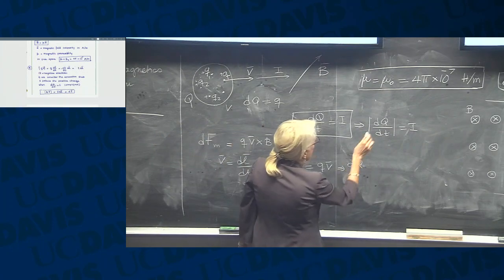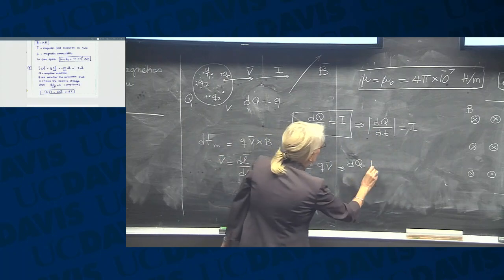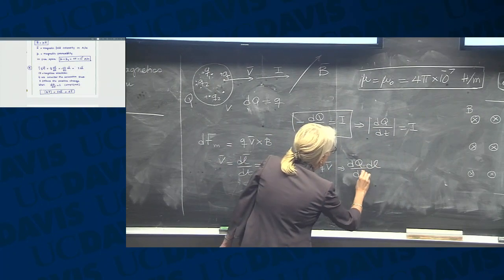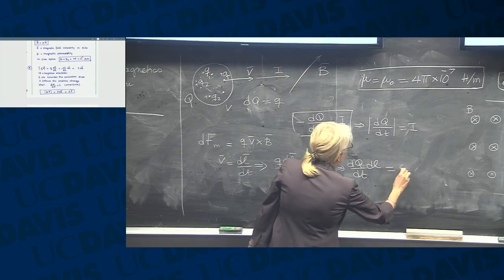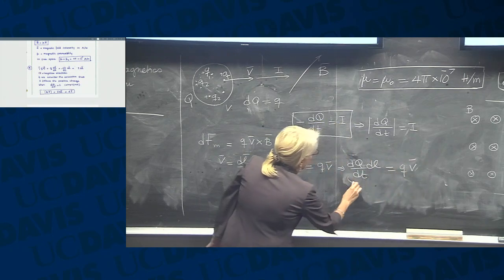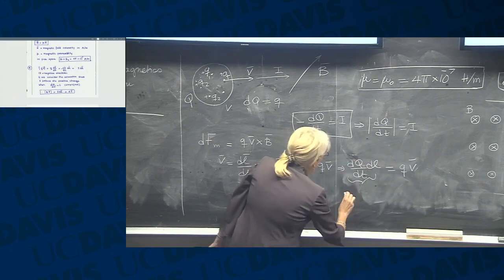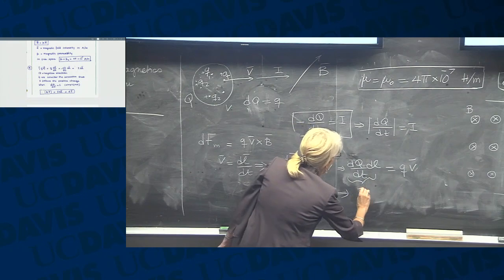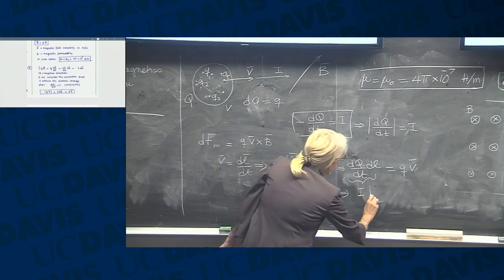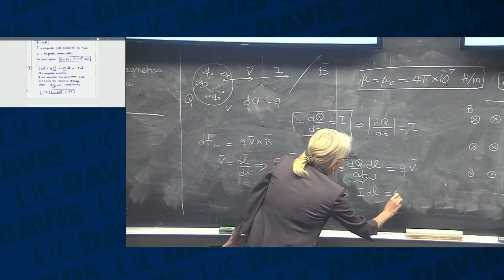And then I can rewrite this as dq dl over dt. And this one is equal to qv. But this is current. So since I'm talking about positive charges, of course I don't use a negative sign. I dl equals qv.